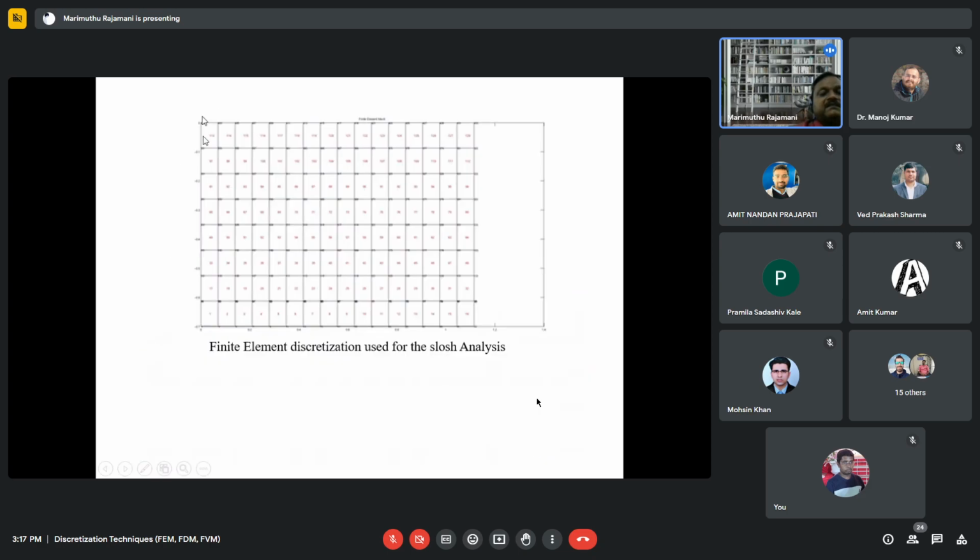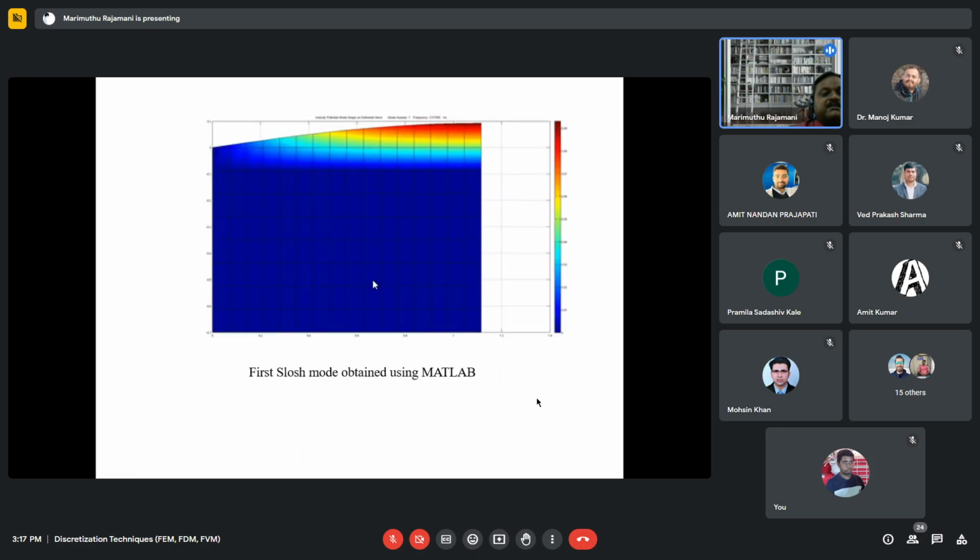And this is the tank considered. This is the tank discretized with 4-nodal finite elements. This is the first mode, where you see the liquid motion only.